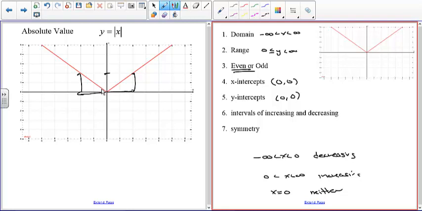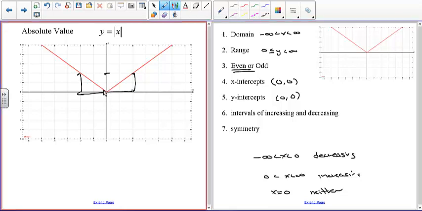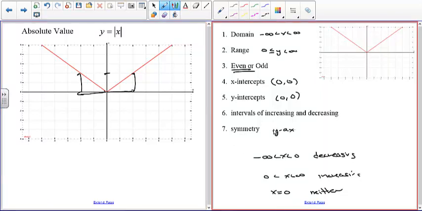So it's negative slope to this point, then positive slope. It goes immediately from negative to positive slope, so there really is no increasing or decreasing there. And it's symmetric about the y-axis, or the line x equals 0. That's the same thing.